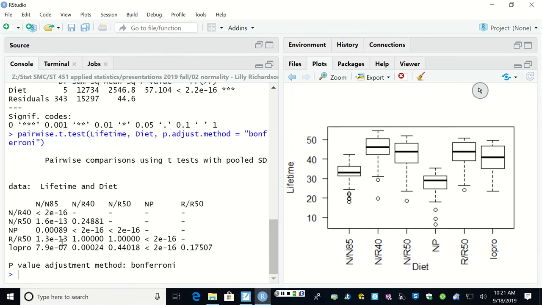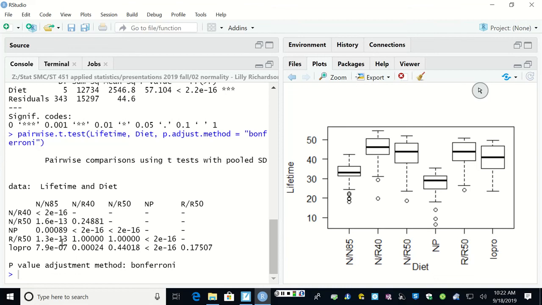We don't want to make more than 5% errors, so we can make it a lot less. Is anything not rejected? It looks like the RR50 and NR40, RR50 and NR, these three do not look like they're rejected at all. And this one's not rejected, so low protein versus some of these is not rejected.